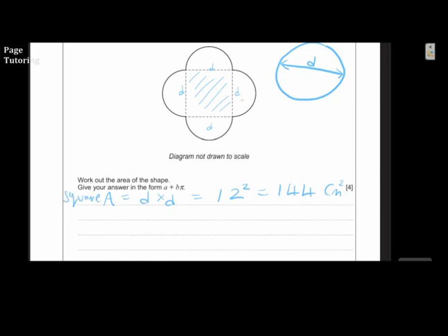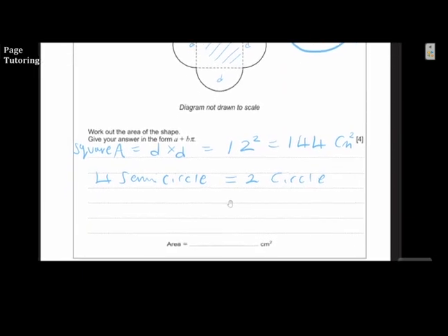Something to note here is you have 4 halves, you have 4 semicircles. If you put 2 semicircles together, that gives you 1 circle. So 4 semicircles is the same as 2 circles. And we know that the area of a circle is pi r squared.